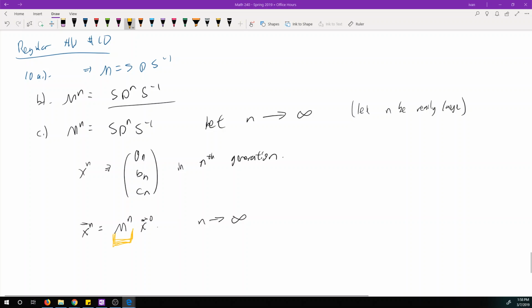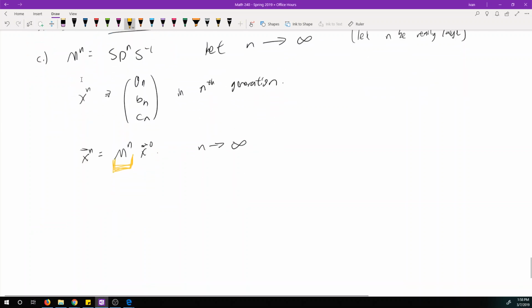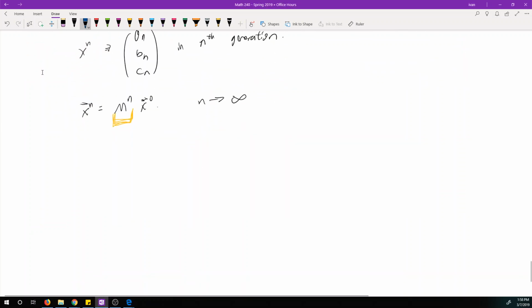Okay, that's a typo. That shouldn't be there. You can actually find all the eigenvalues. So we changed the problem up slightly for number 6. Okay, so recitation homework number 6.